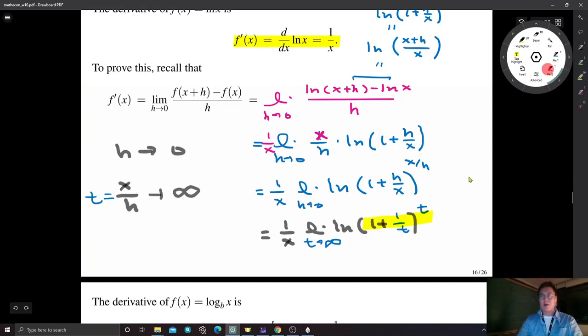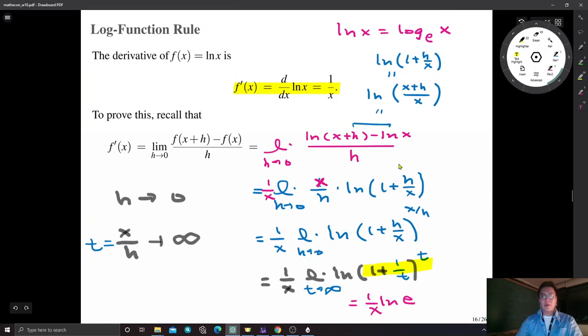So consequently, this is 1 over x times ln e, but ln is the logarithm with base e, so ln e is equal to 1. So we have 1 over x, because ln e is equal to 1.